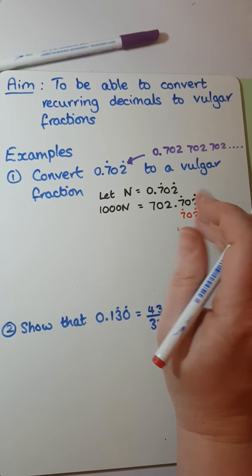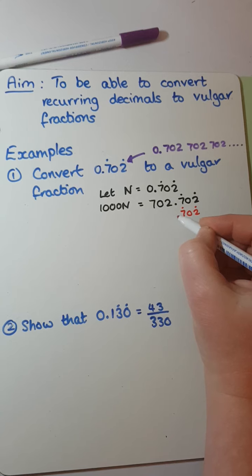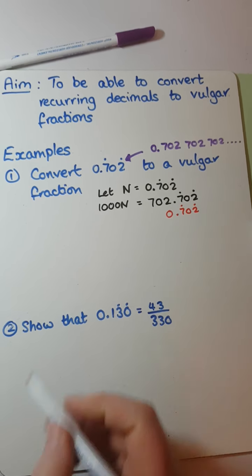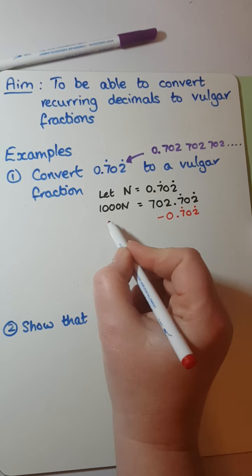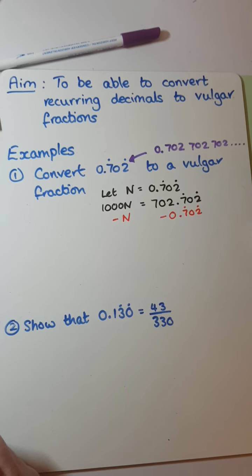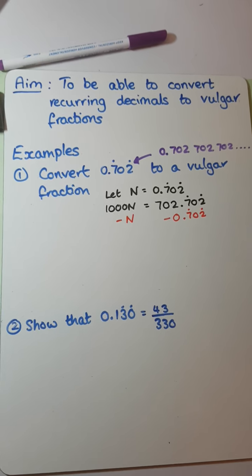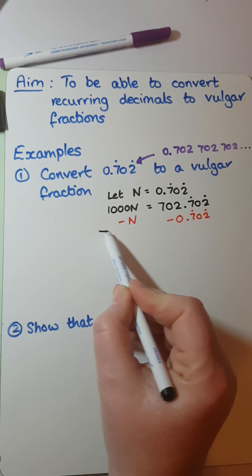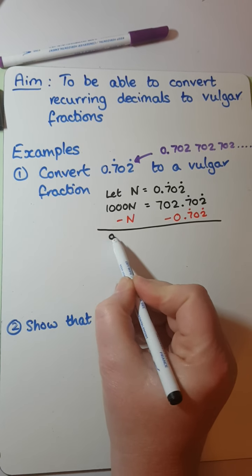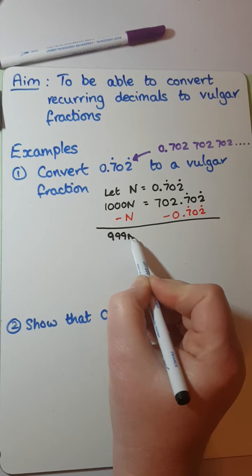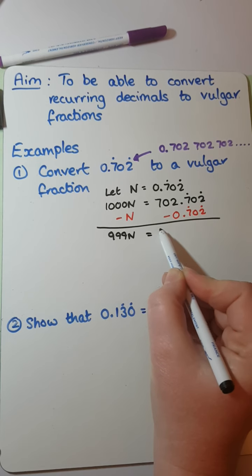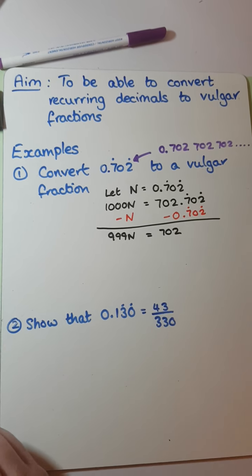If I look further up, I can see that I could be taking away n itself, because n is 0.702 recurring. That gives me 999n is equal to 702.